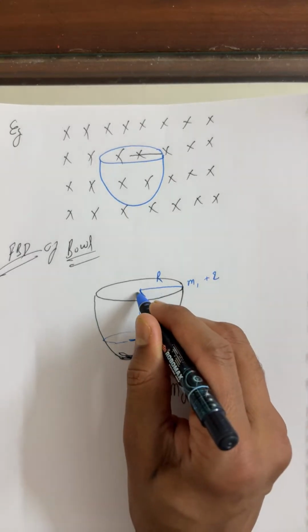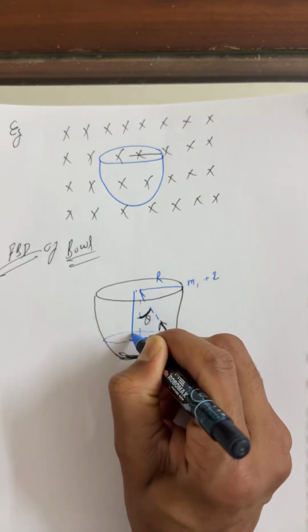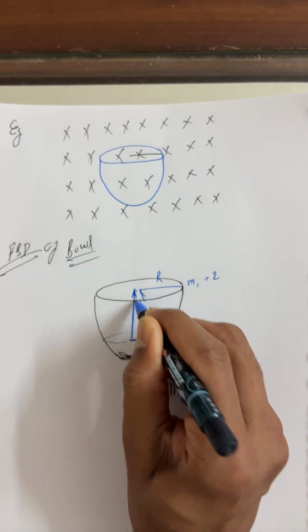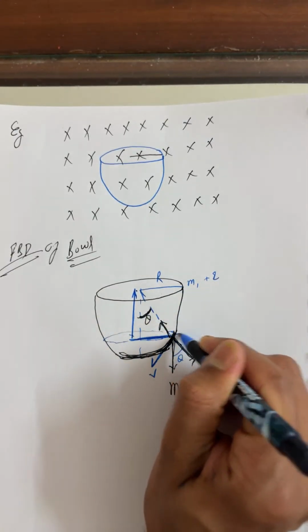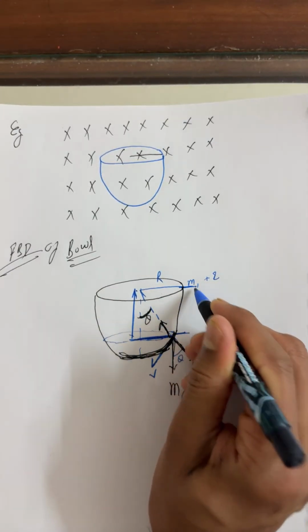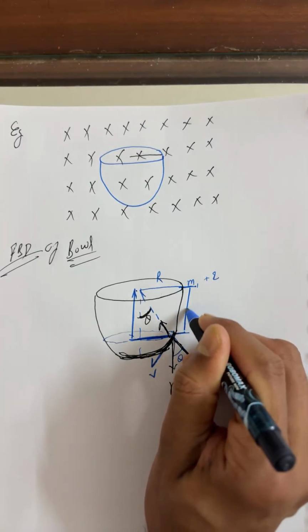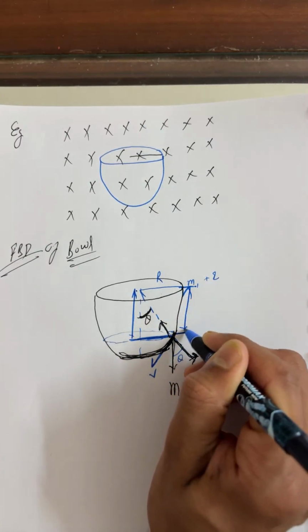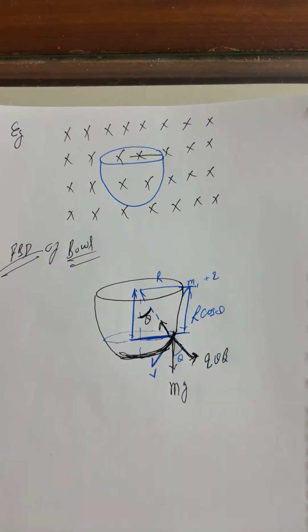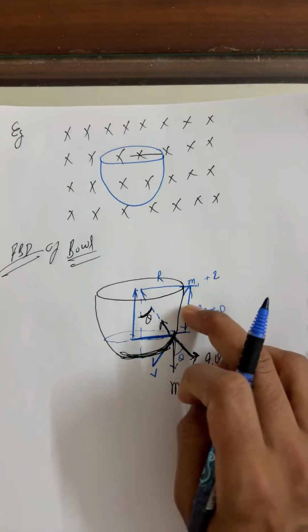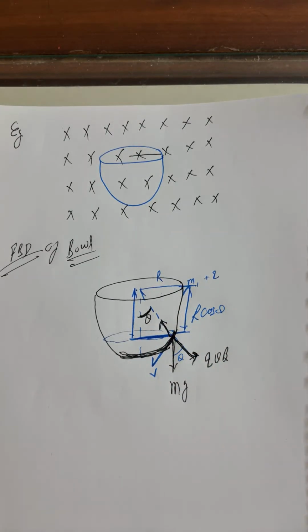So the particle has initial potential energy, and this energy is converted into kinetic energy.